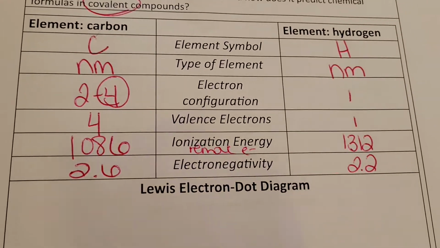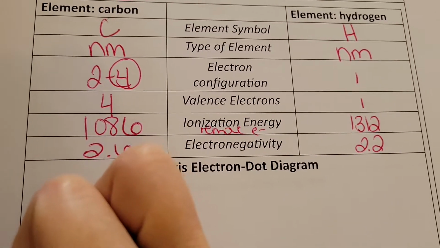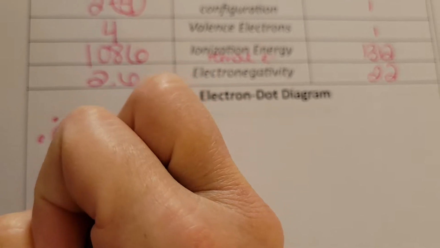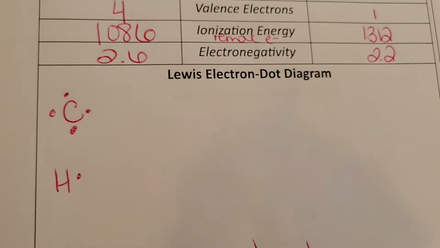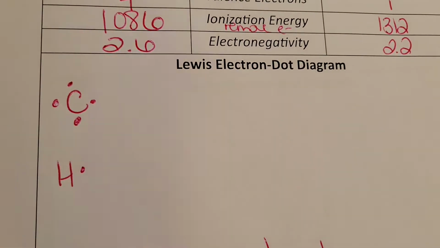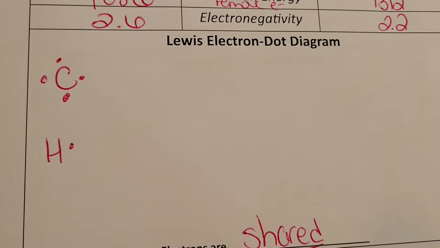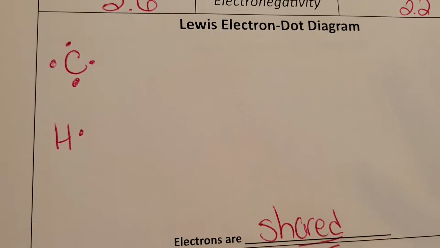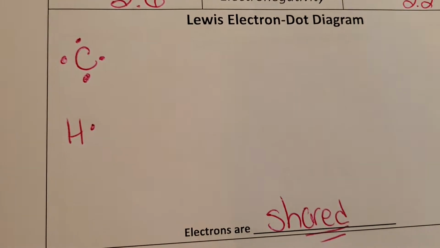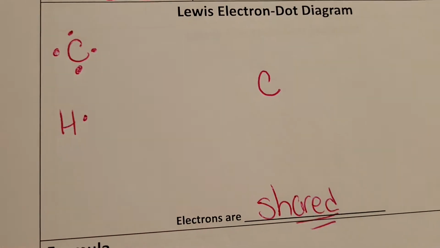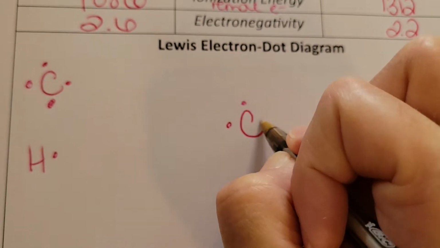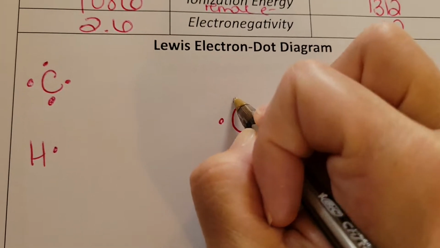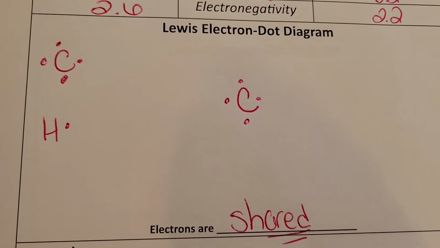All right, so valence electrons, I'm going to do my little rough draft over here. So carbon has 4 and hydrogen has 1. Okay, so we know we want carbon to end up with 8 and hydrogen to have 2, so we're going to do a rough draft. When we see carbon, carbon is typically going to be the center of a molecule. So we're going to have a carbon with its 4 valence electrons.